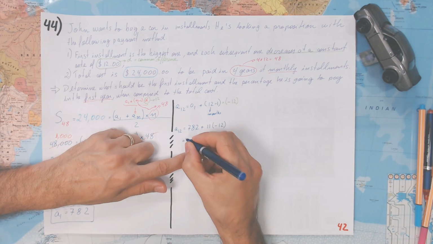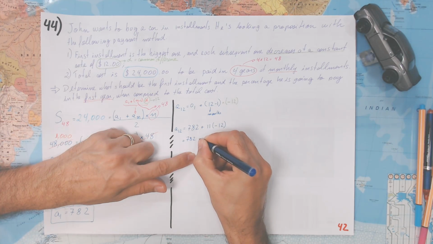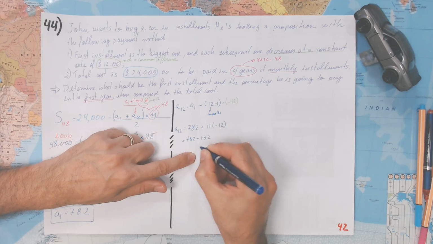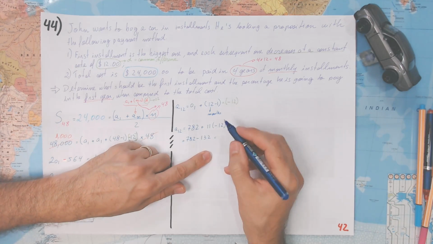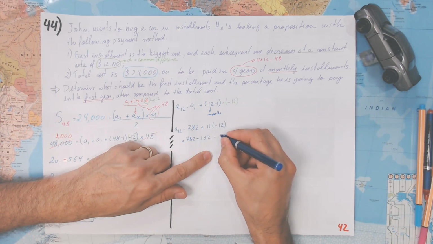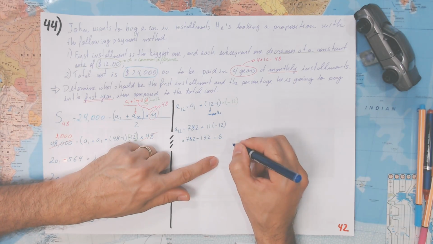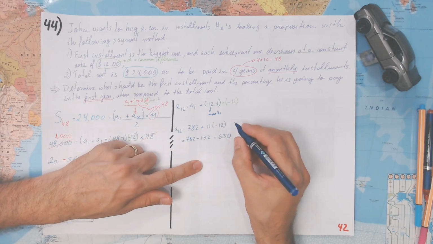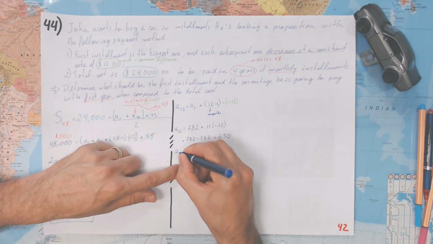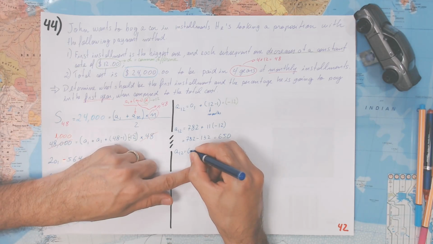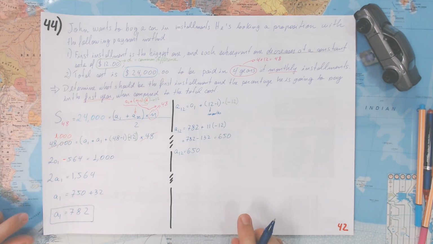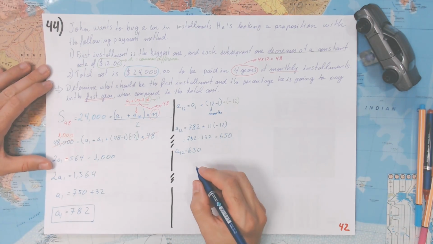This is 132. 782 minus 132. So this is just going to be what? 7 minus 6. 8 minus 3 is 5. Okay. And 0. So I know A12, I'm going to pay $650. Now I can go into the first year.